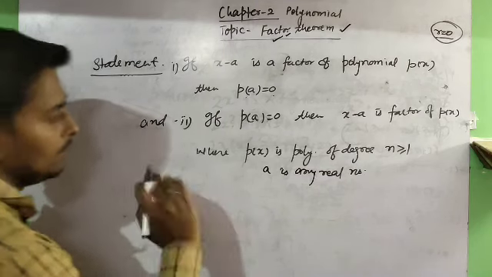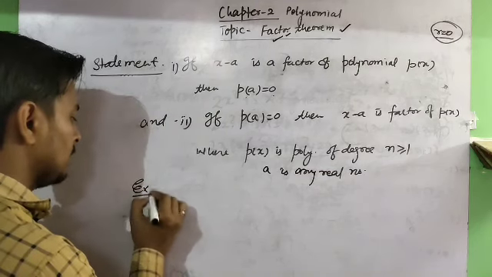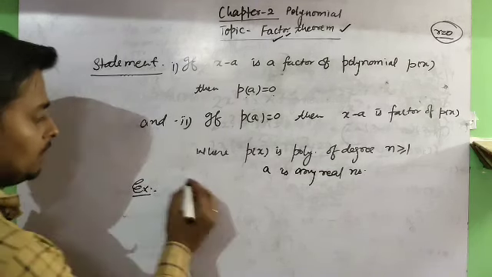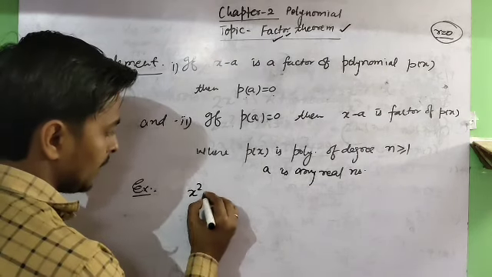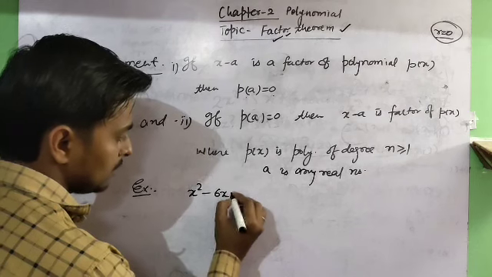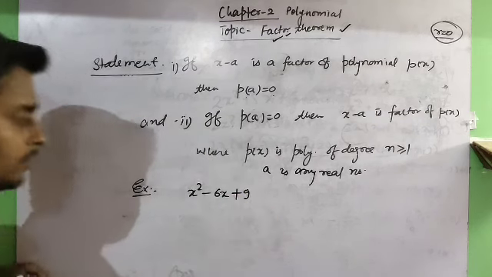Now what will be the use? Any example? You can take x square minus 6x plus 9.